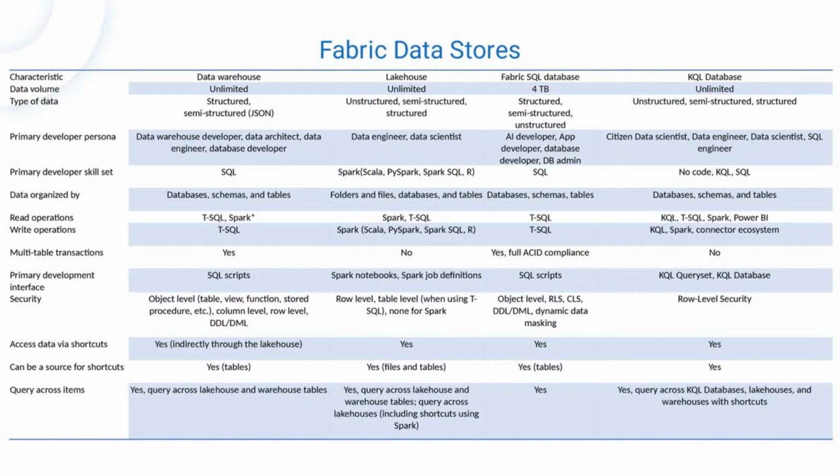And you can see here, when you look at access data via shortcuts, in the 4 data stores, the warehouse, the Lakehouse, Fabric SQL database, and the KQL database, we have yes across all the sections. And the other one that I like to highlight as well is multi-table transaction. If you look at the warehouse, it says yes. The Lakehouse, the multi-table transaction says no.